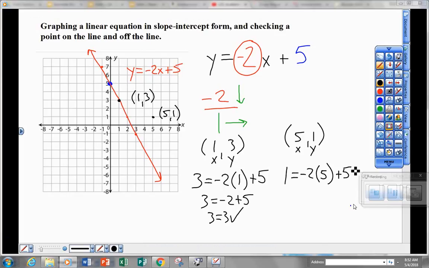That gives me 1 equals negative 10 plus 5. That is a false statement. Any point not on the line will never satisfy that equation when you plug it in. So 1 equals negative 5 is a false statement. That is a no.